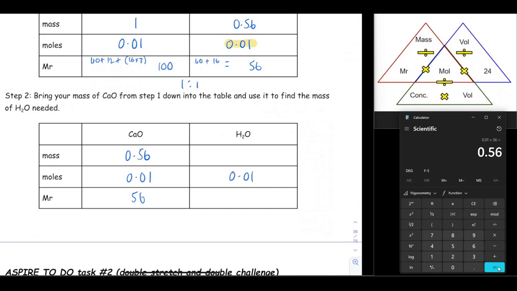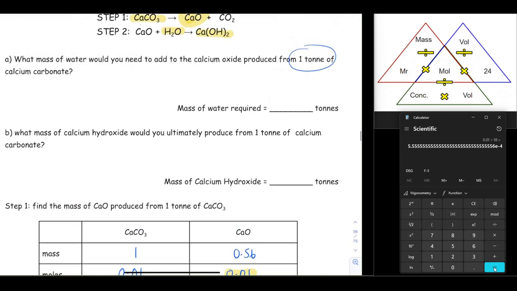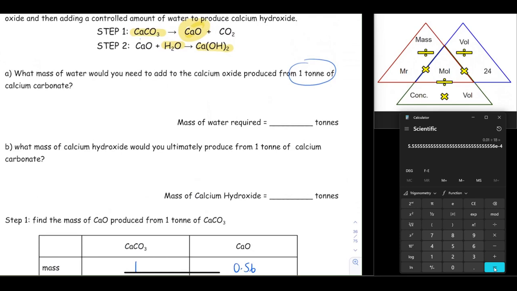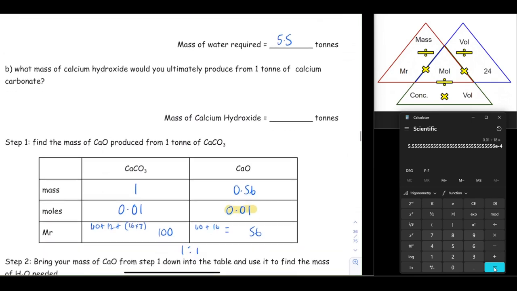The relative molecular mass of water is 1 times 2 plus 16. That gives us 18. So we do 0.01 times 18, and that gives us 0.18 tons. So what mass of water would be required? 0.18 tons of water would be required.